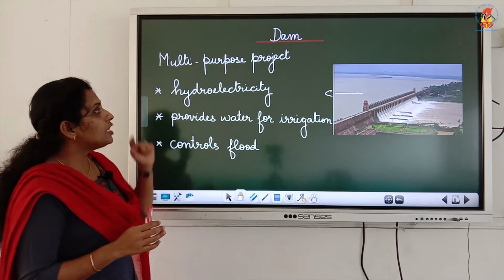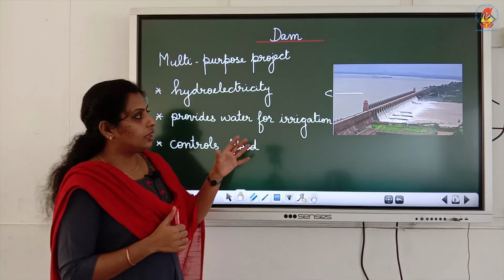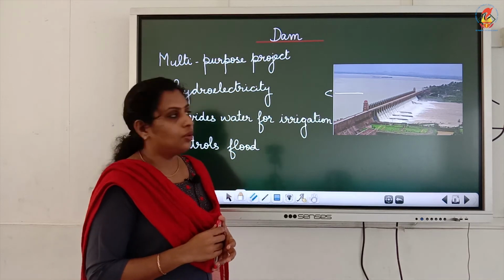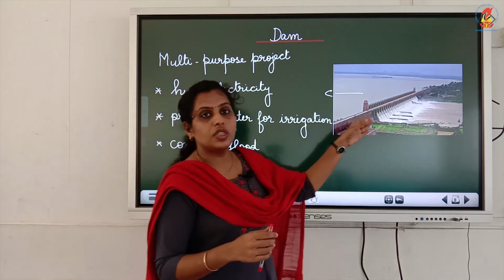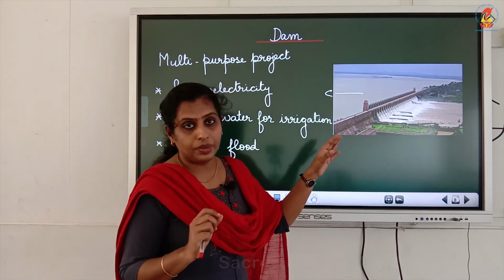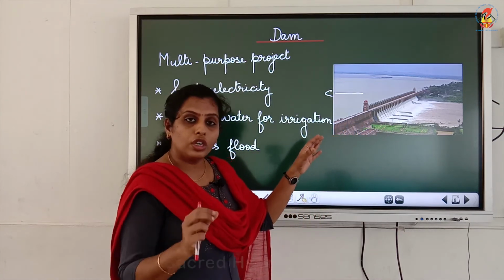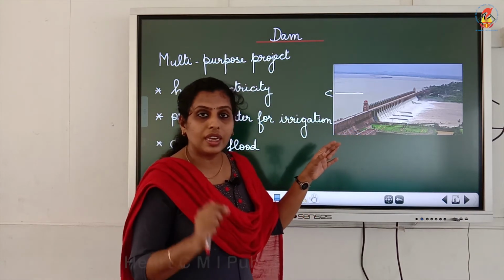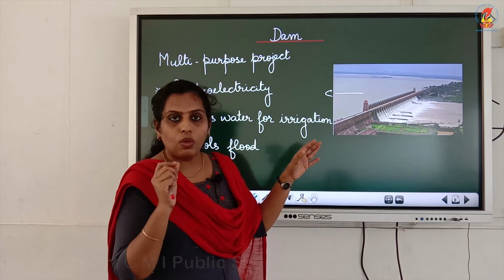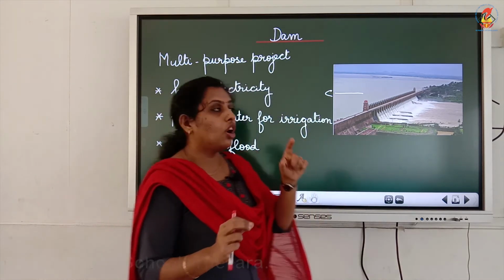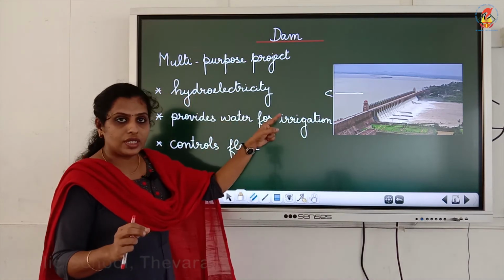Okay. First use of dam is they can produce hydroelectricity. You can see that the water is falling from a great height and with very great power. Right? When the water falls from a great height, it has the power of generating electricity. When we generate electricity from water, we call it hydroelectricity.